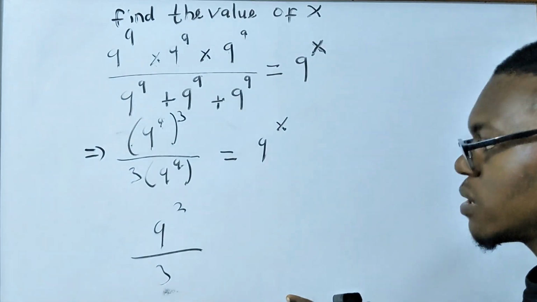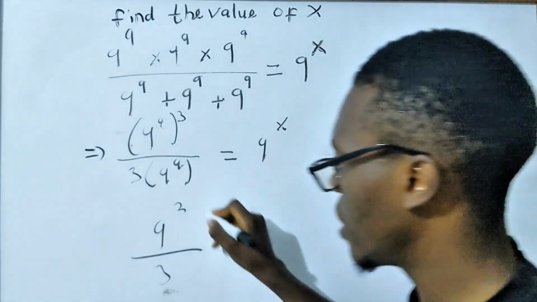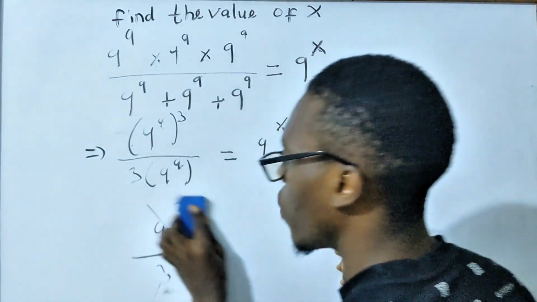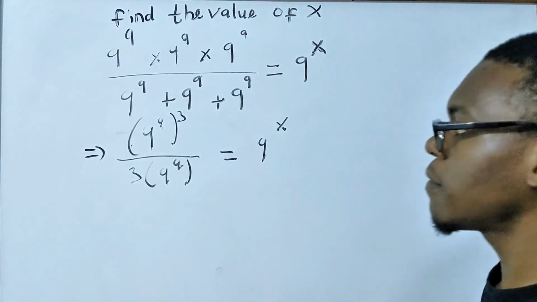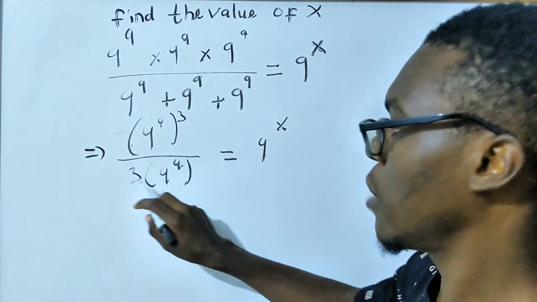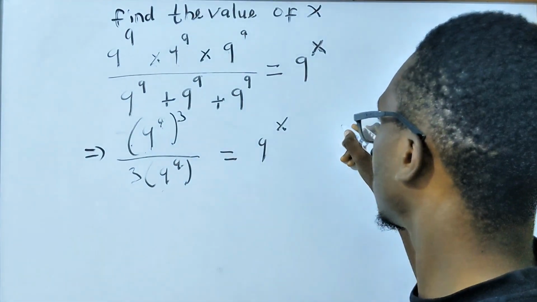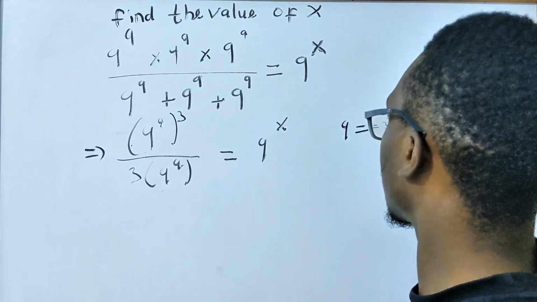Some guy might do this to have the answer, but this is actually wrong. You cannot divide. That is not a law of indices. What we do at this point is that since we have a power of 9 here and a power of 3, you know that 9 can be expressed in the form of 3 because 9 is equal to 3 squared.